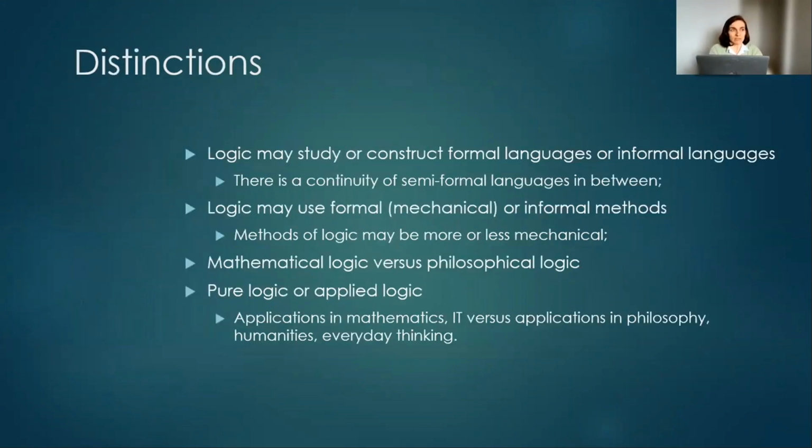I told you that, according to me, behind this formal and informal distinction, there are in fact many different distinctions hidden inside. What I mean, for instance, is that logic may study or construct formal languages or informal languages. So different kinds of languages are studied by logicians, or logicians also construct languages.